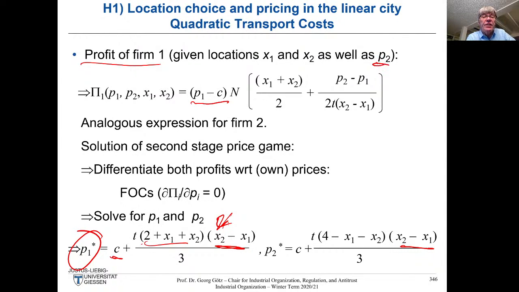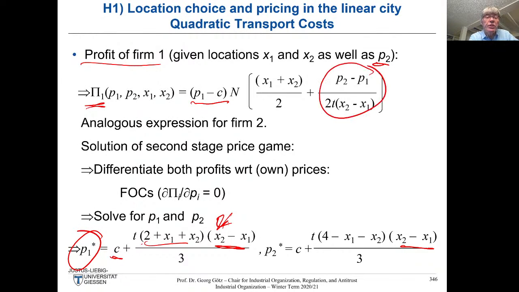If the price is given, this here is only the profit of firm 1, but of course firm 2 is analogous. If the prices are given, and suppose they are regulated and both firms have to charge the same price, suppose like pharmacies or something like that, then this second part here would be 0 anyway.